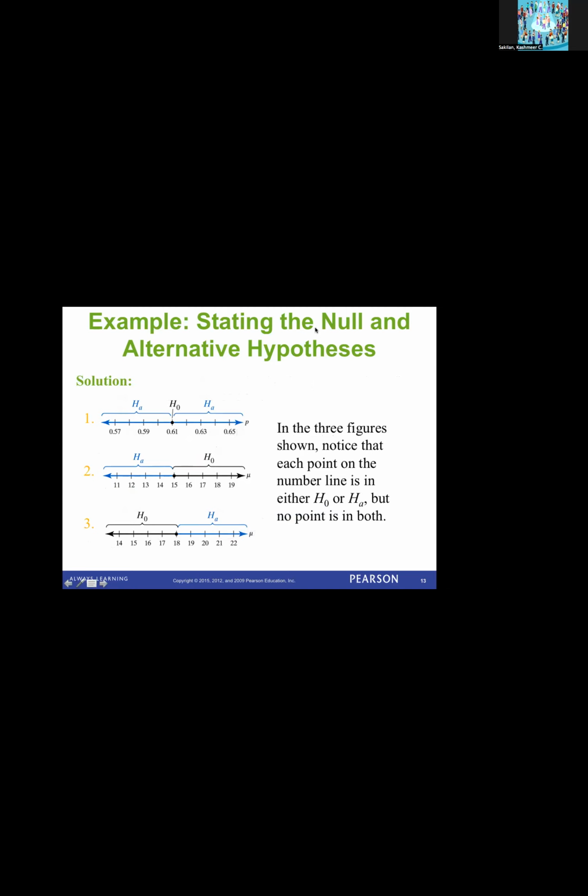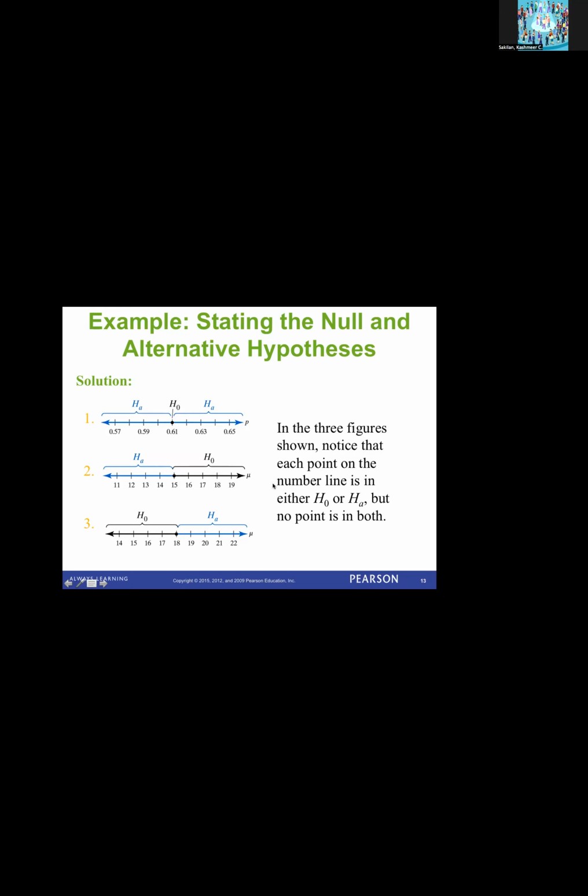So next we have the visual representation of HA and HO. In number 1, HO states that mu is equal to 0.61.